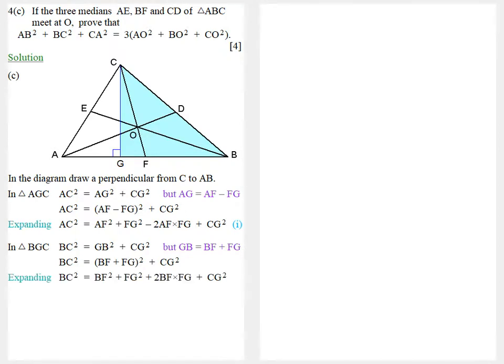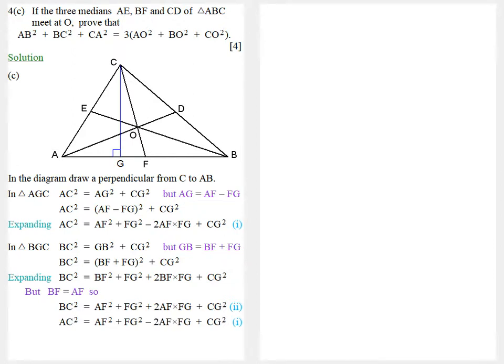Expanding the bracket, BC squared equals BF squared plus FG squared plus twice the product, 2BF times FG, plus CG squared. But we know BF is equal to AF, so BC squared equals AF squared plus FG squared plus 2AF FG plus CG squared.